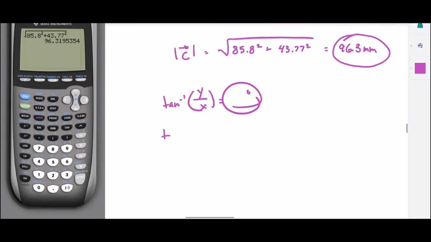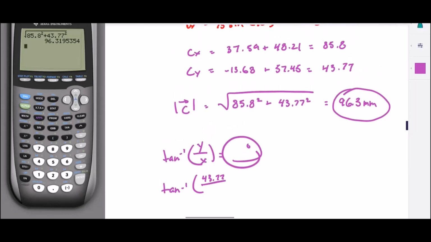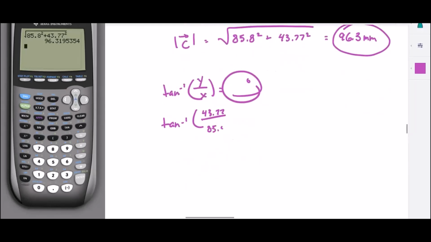I'm going to do the inverse tangent of y over x, or in our case, 43.77 over 85.8. Let's see what direction and angle we get. We get 27 degrees. Or 27.0 if we're going to keep it at 3 significant figures.